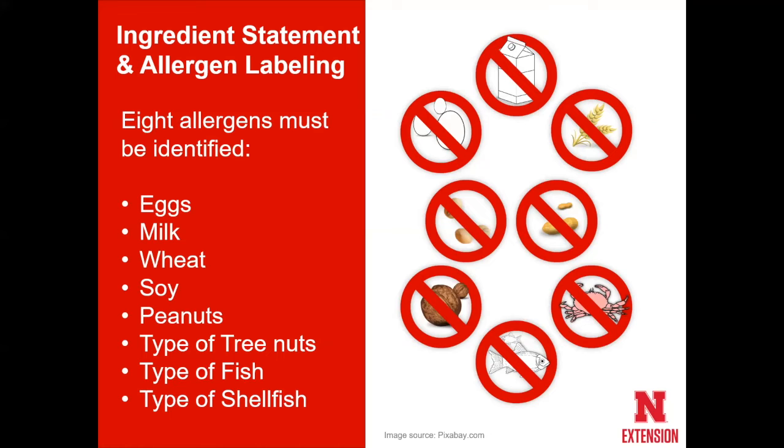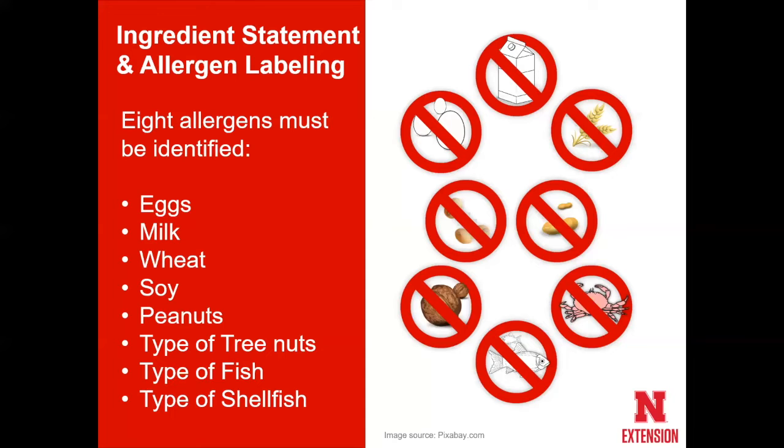Another component of food labels is that they have to list any allergens in the food product. There are 8 allergens that must be identified on food labels. Those 8 allergens account for about 90% of all the allergic reactions related to food. They've identified over 160 different allergens in food, but these are the 8 that cause most of the issues with food allergies.